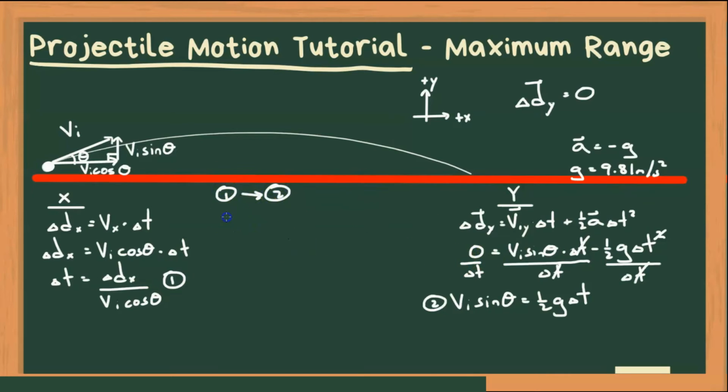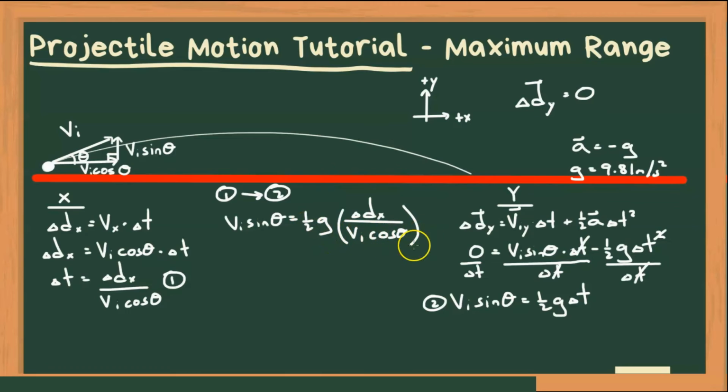So when we do that, we're going to get vi sine theta is equal to, so we have 1/2 g, and then delta t, which I'm subbing in as our horizontal displacement divided by vi cos theta. Alright, so now I'm going to multiply both sides by everything on the denominator here.